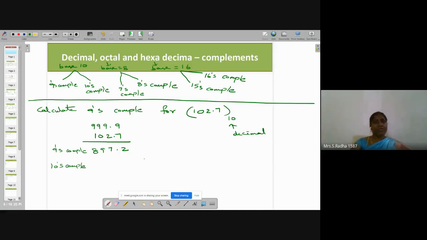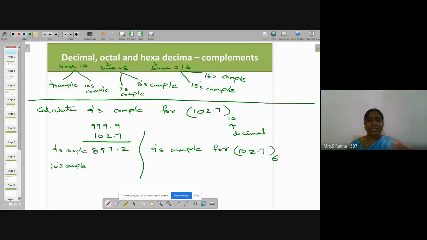That is general. For example, if I give you another question, calculate 9's complement for 102.7 base 6.